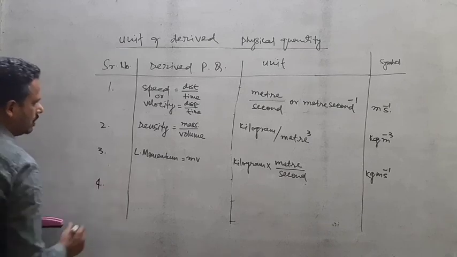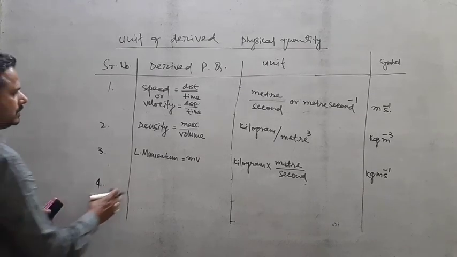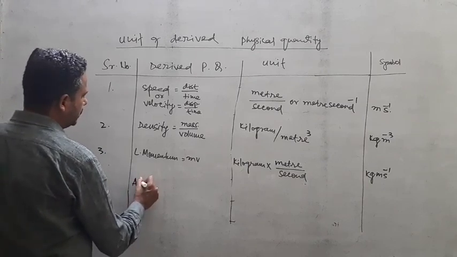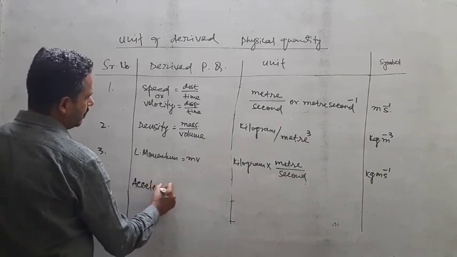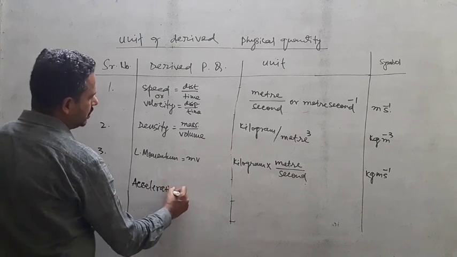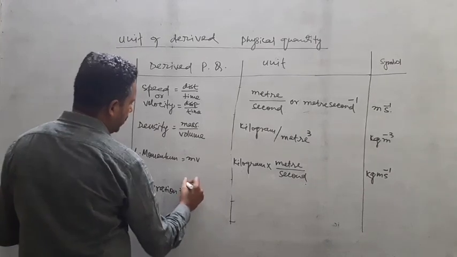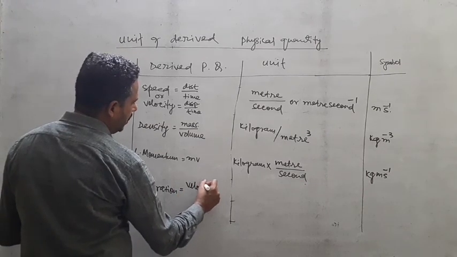One more derived quantity. Suppose acceleration is there. You know, acceleration is velocity by time. This is velocity divided by time.